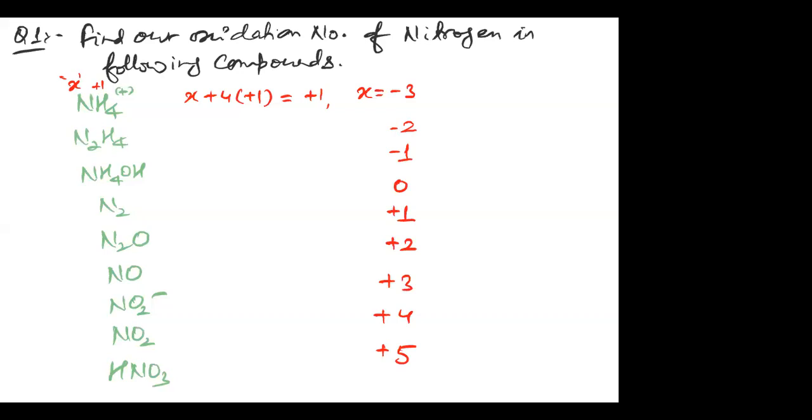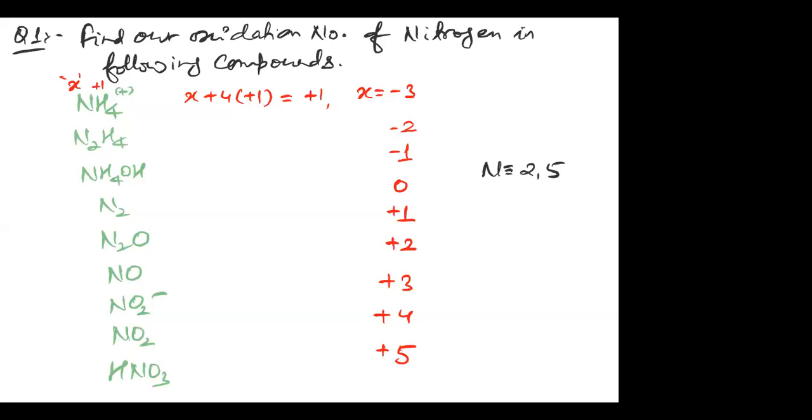So here nitrogen varies from -3 to +5 as oxidation number. So in this case, oxidation number of nitrogen varies from, let's say, -3 to +5. So we know nitrogen, as per nitrogen is concerned, its electronic configuration was 2,5.